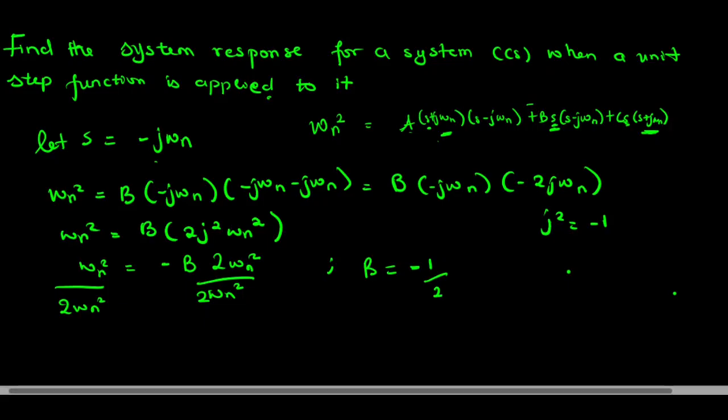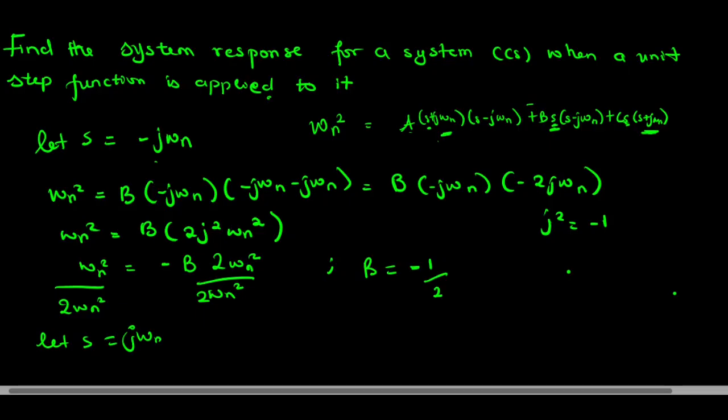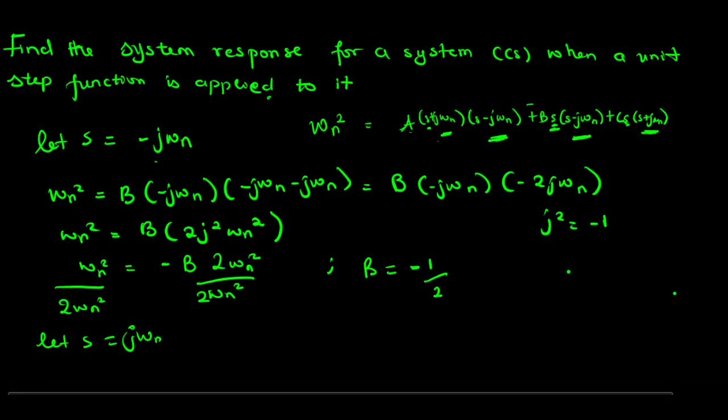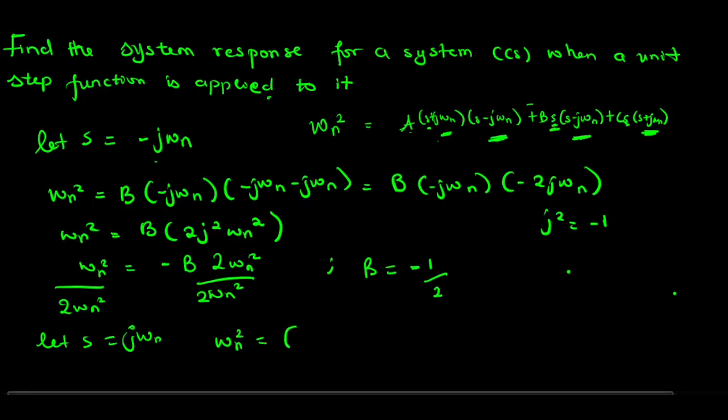Now to find C, we can say let s equal jωn. So in this case, this will cancel out, leaving you with this. So you're going to have ωn squared equals C times (jωn plus jωn).